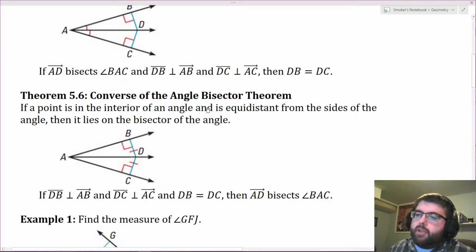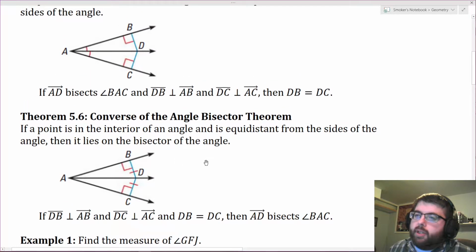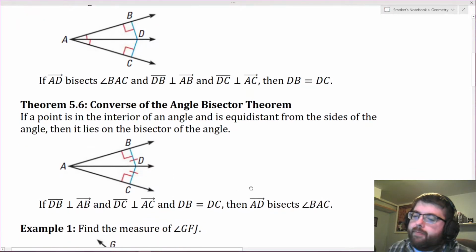So there are two things that you could be given. You could be told that it's an angle bisector, and thus conclude that these two segments are equal, or you could be told that these two segments are equal, and therefore it must be an angle bisector.